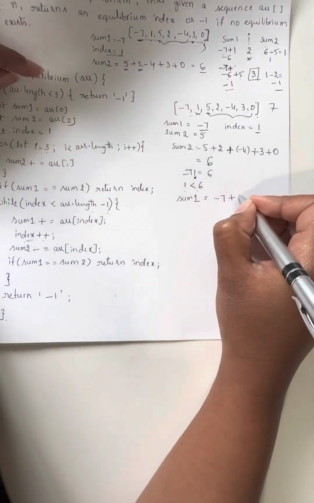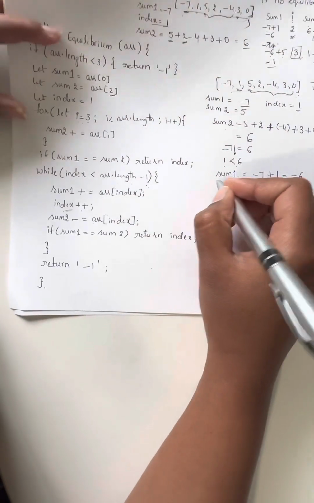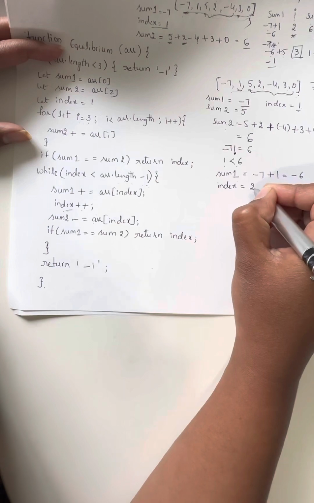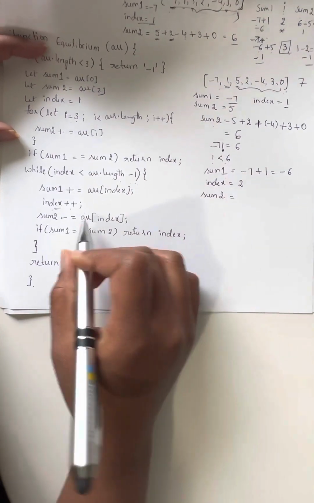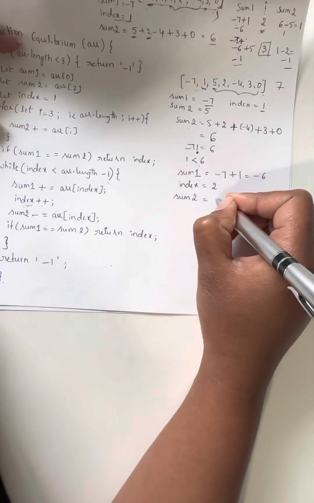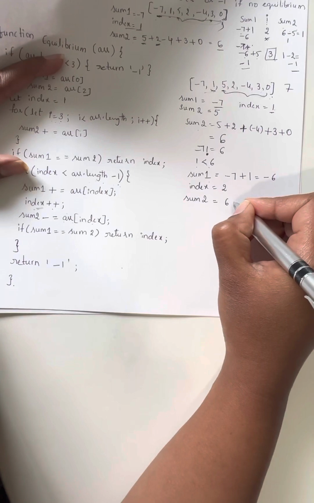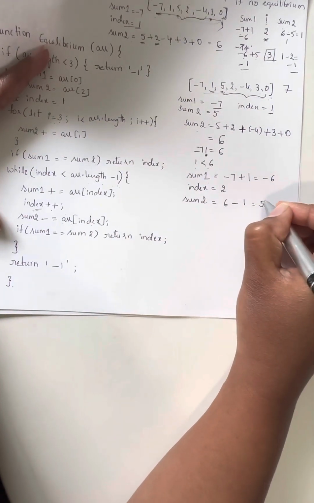So we will add minus 7 plus 1, which becomes minus 6. And the index is incremented, so the index becomes 2. From the sum 2 we decrement the array of index, which means at sum 2 we have 6. 6 minus array of index is 1.